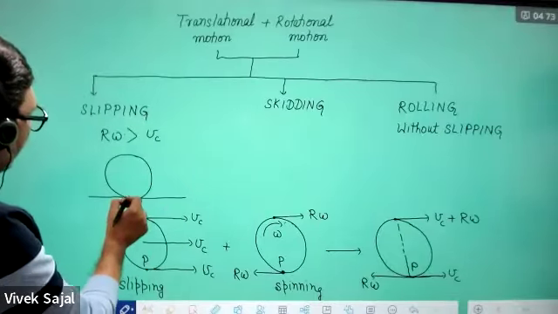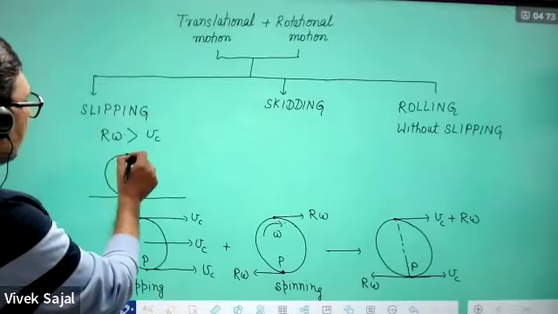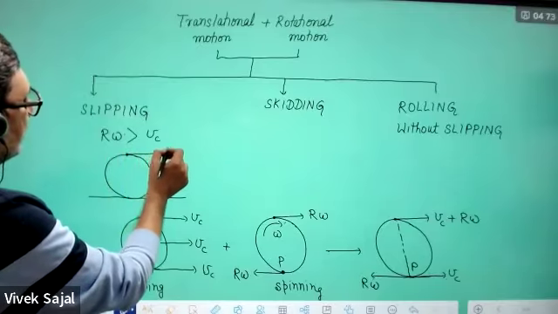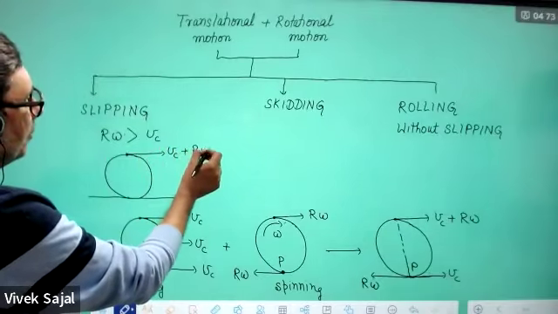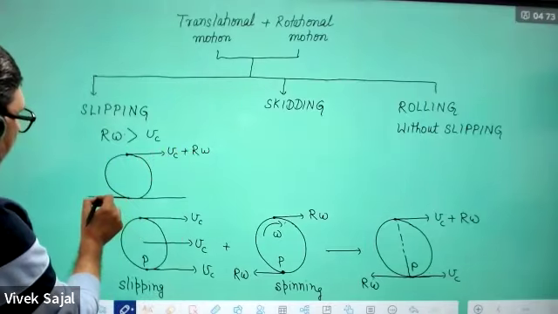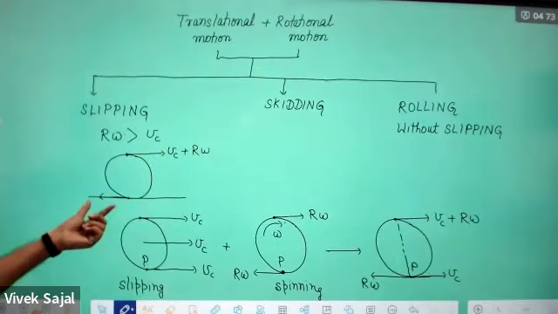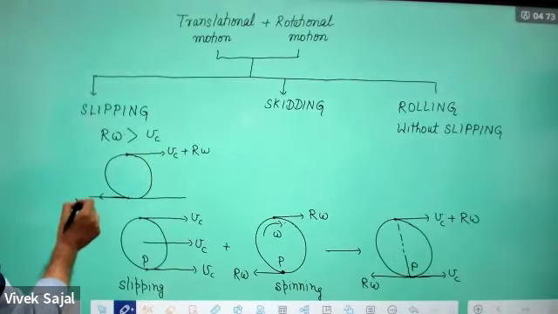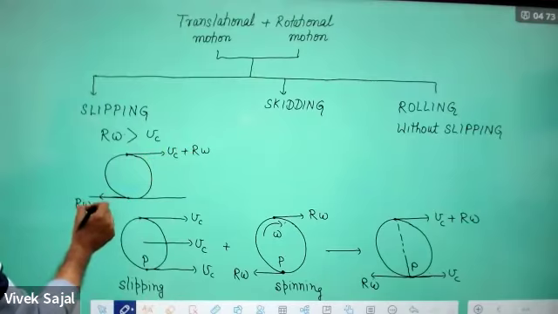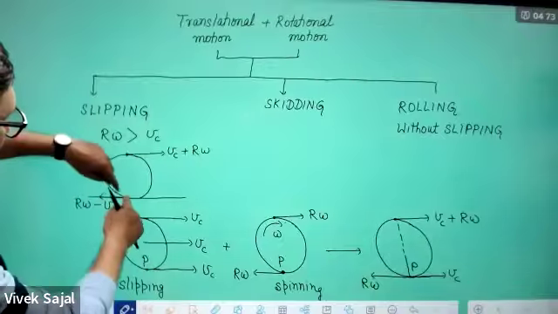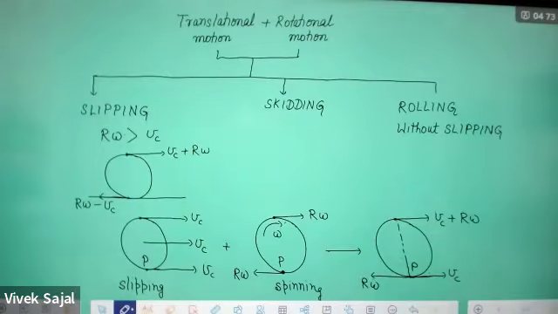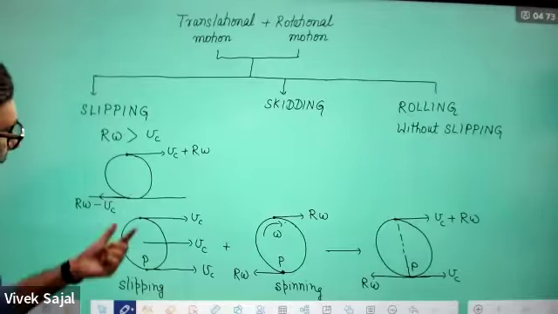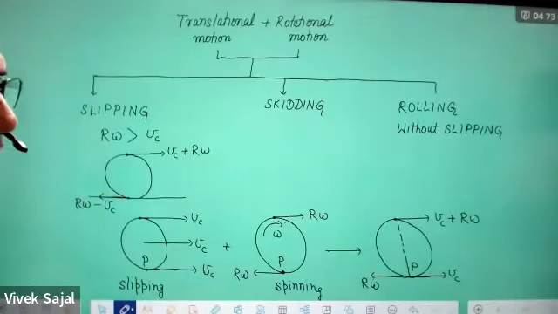The topmost point is having a velocity VC plus R omega. And in this direction, the resultant velocity will be R omega minus VC. So in this case, it is going to slip in the backward direction. Okay? So this type of motion is possible.